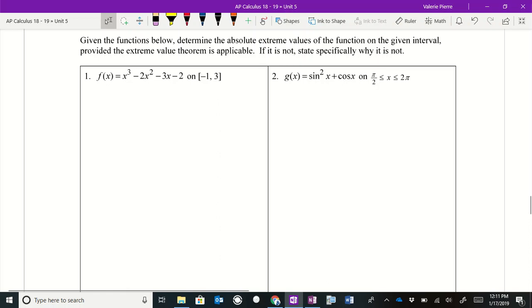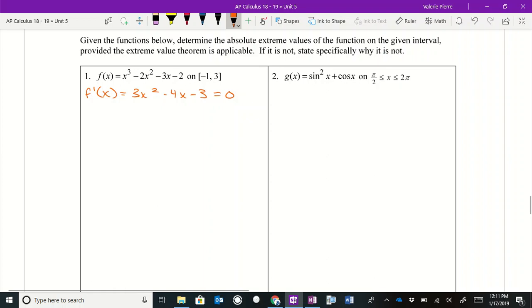So we're going to find the derivative. So f prime of x equals 3x squared minus 4x minus 3. And we want to find the critical numbers, so we're going to set this equal to 0. And unfortunately, we can't factor this.